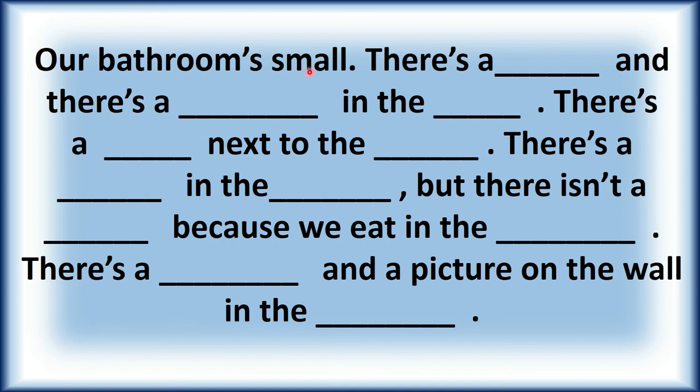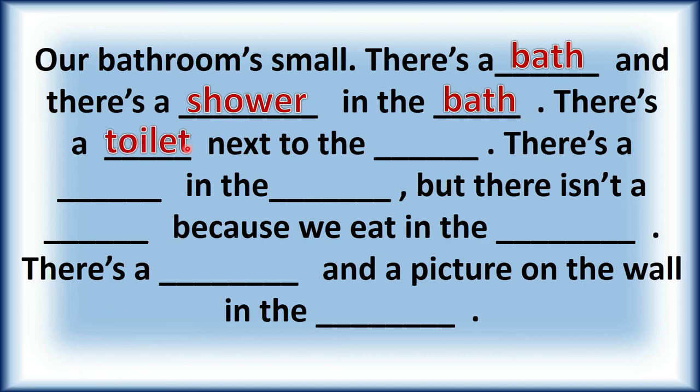Our bathroom is small. There is a bath and there is a shower in the bath. Let's see. Is, that means one. There is, they're talking about one. There is only one shower in the bath. There is a toilet next to the bath.